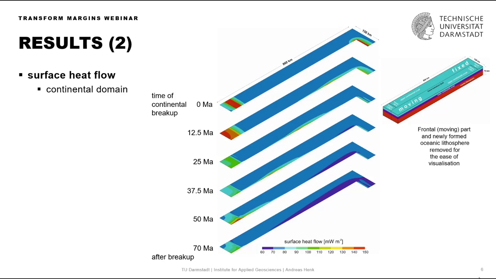At the same time, the continental lithosphere on the trailing side of the migrating ridge shows decreasing surface heat flow values caused by thermal equilibration and cooling respectively. This process ultimately leads to a second heat flow peak in the areas of the rifted margin formed during earlier continental breakup.